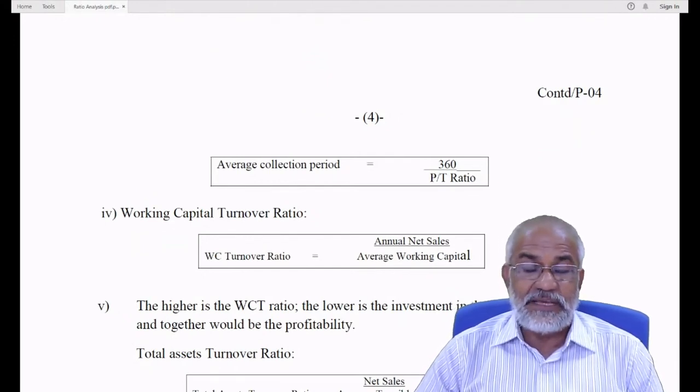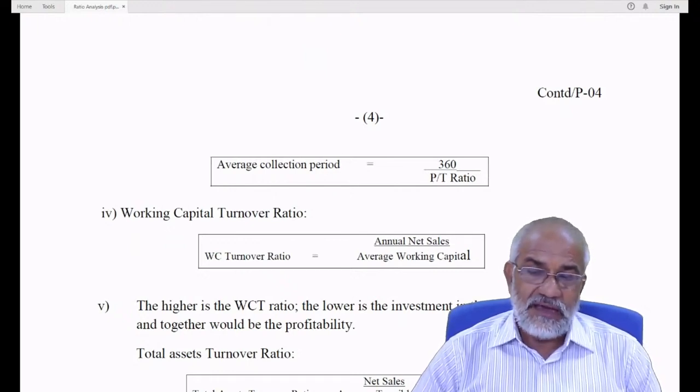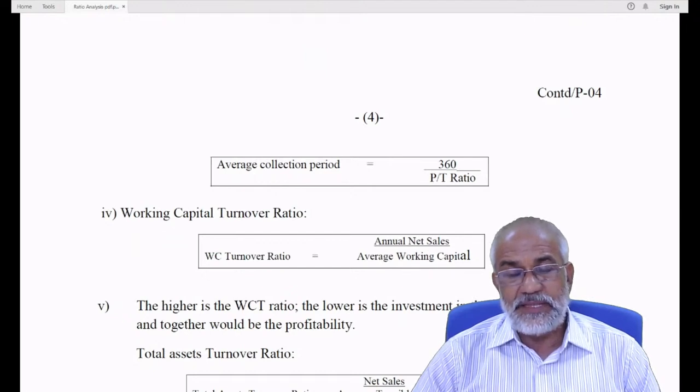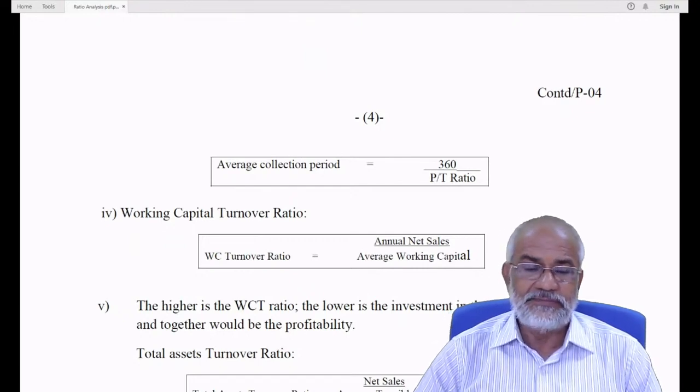When that is divided by the average working capital, where working capital means current assets minus current liabilities. So current assets minus current liabilities at the beginning of the year plus current assets minus current liabilities at the end of the year, the whole divided by 2, will be the average working capital.